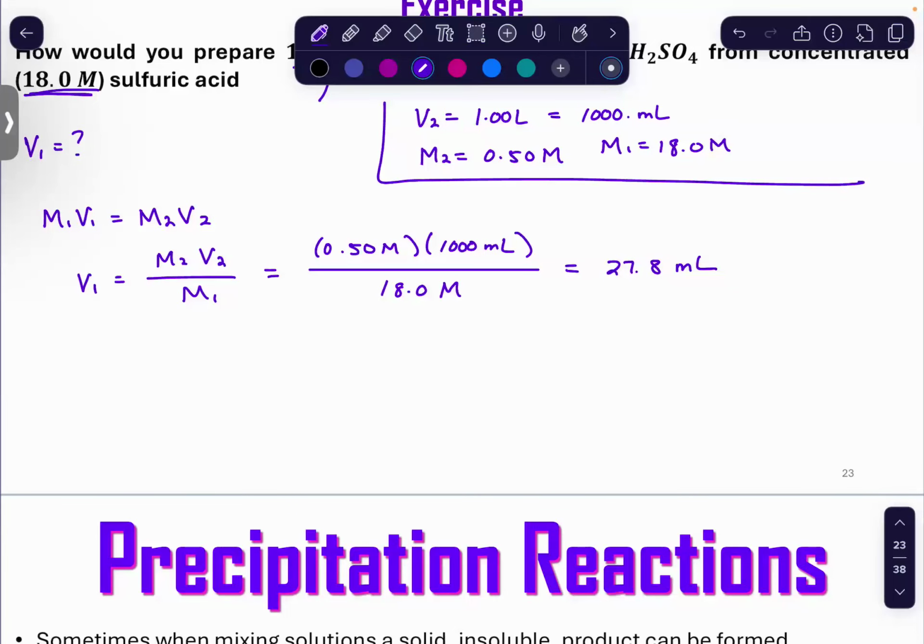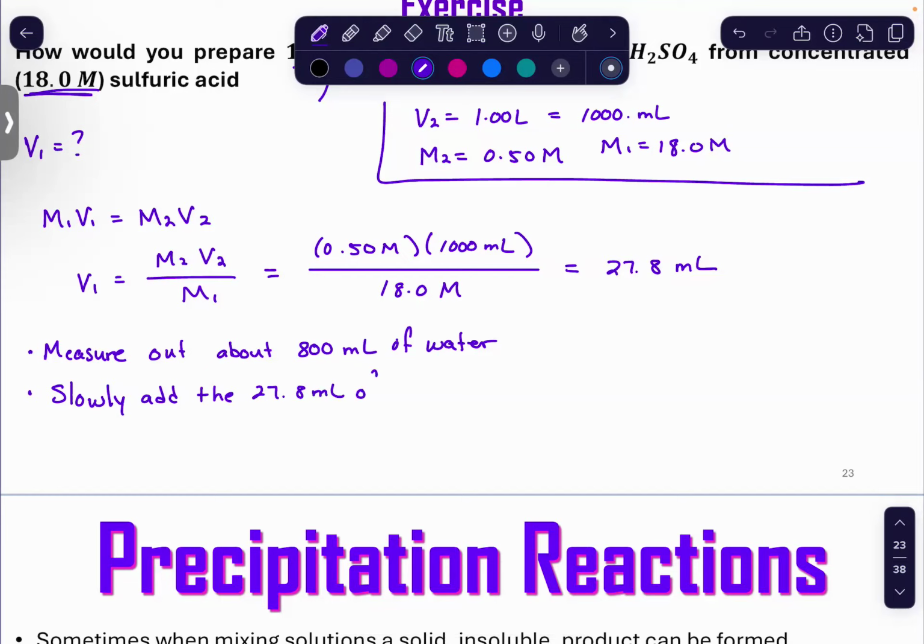So a good way to do this, you're going to measure out about 800 milliliters of water. Okay, then you're going to slowly add the acid to that amount of water.